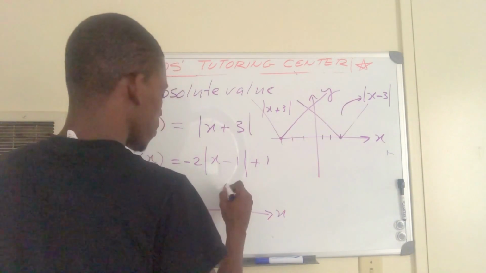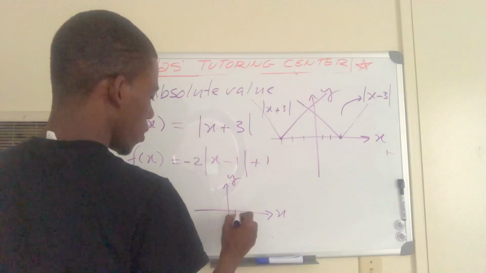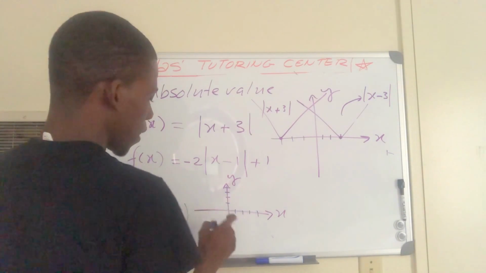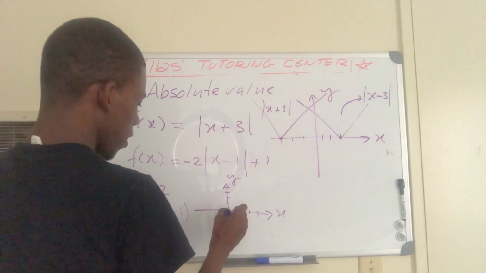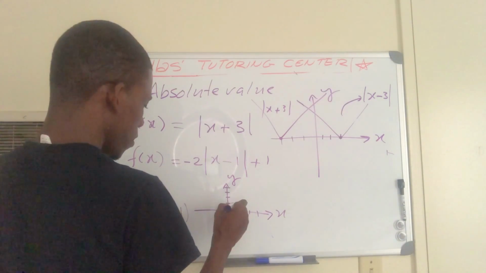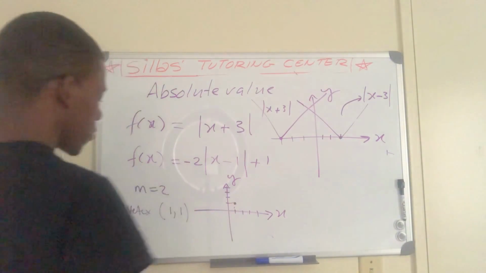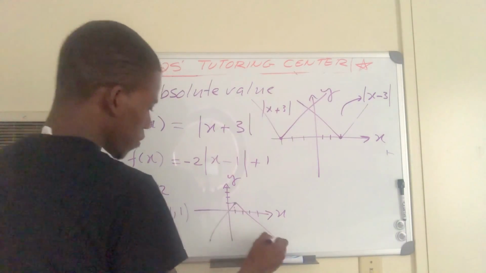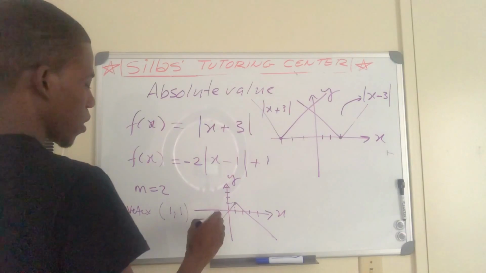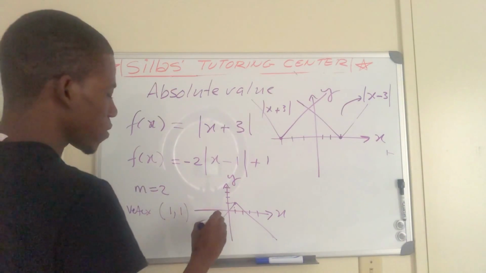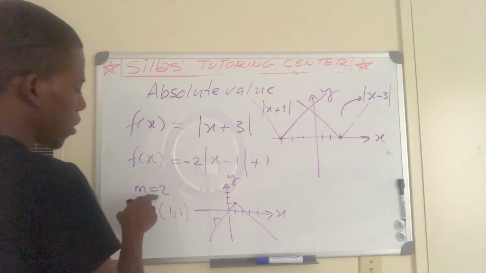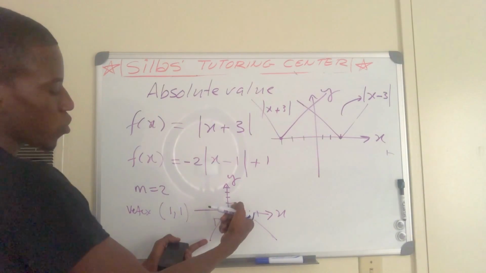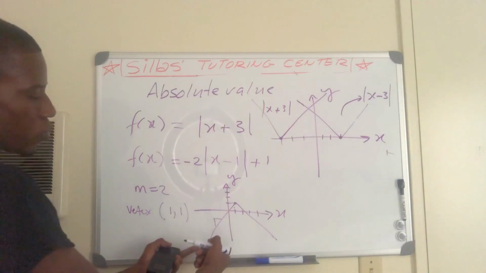That's my x-axis, that's my y-axis. 1, 2, 3, 4. 1, 2, 3, 4. I go 1 on x, 1 on y, and that's going to be the vertex of my function. And my slope is 2, so I go this way. This is my function. If you want to be specific, you can make sure the slope is correct and start plugging in points to see exactly how the line behaves.